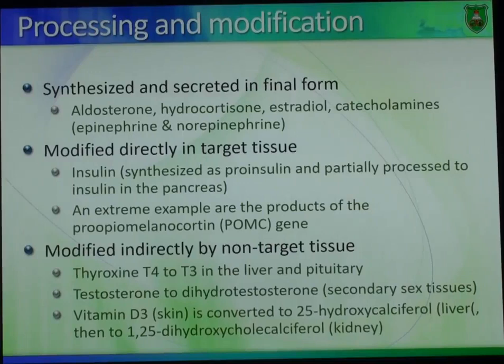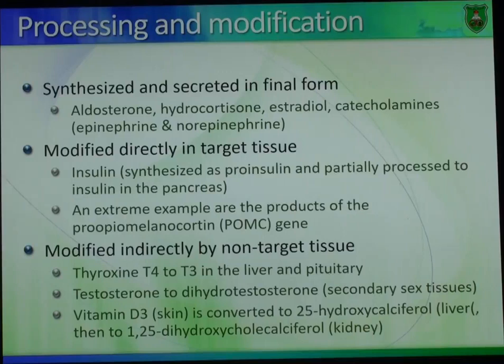Now these hormones can be processed and modified, and some of them may not be processed and modified. And the location of processing and modification is really important as well. It can differentiate hormones from each other. So we have hormones that are synthesized and secreted in the final form, including aldosterone, estradiol, catecholamines, and so on.